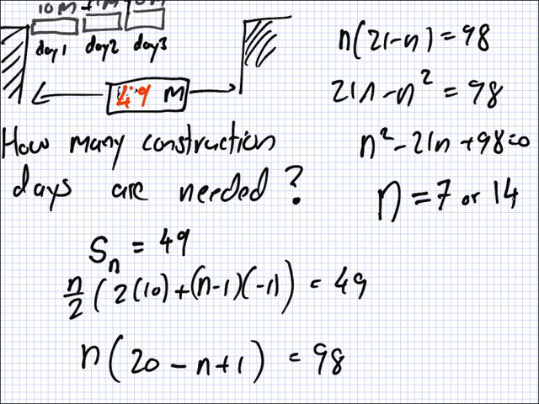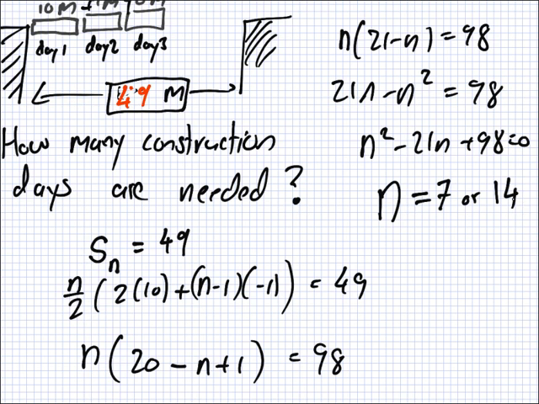Now, why not 14? Why is the answer 7 and not 14? Confirm it. Yeah, but if you put 14 in, it'll work. You'll get 49 meters as well. It's like they start destroying the bridge. That's it, yes. After day 7, they go build more and more.